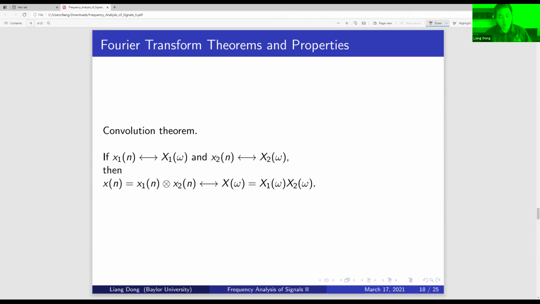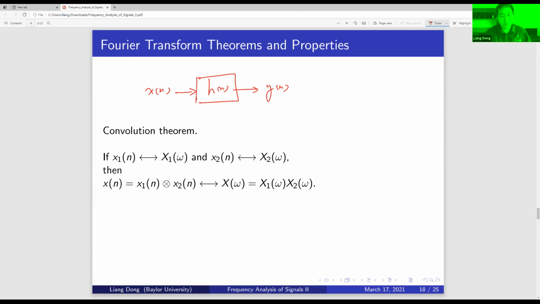Convolution theorem. Convolution theorem is very important because we are dealing with digital signal processing. We got a system. System itself, we are using mathematically a convolution to deal with that. So we have here, that gives me y[n].